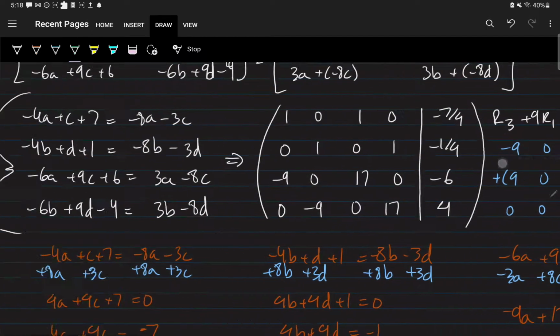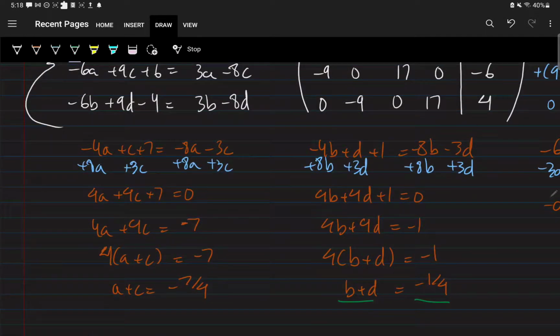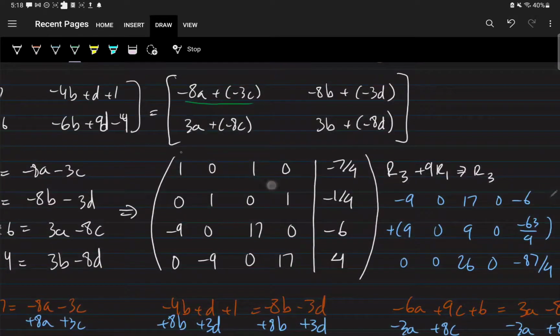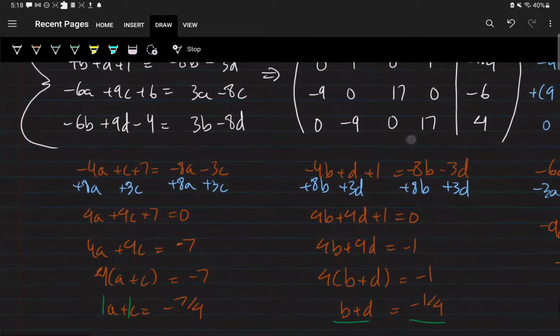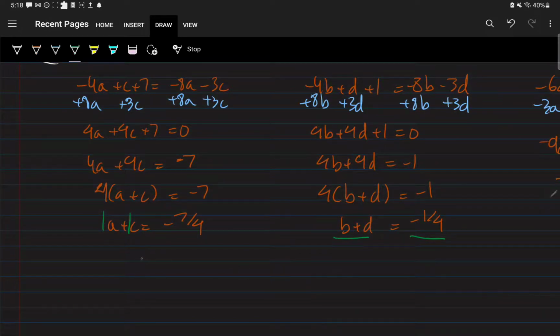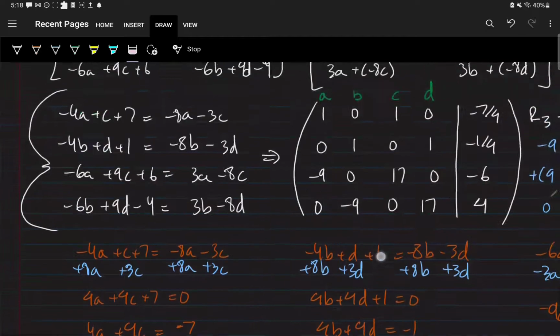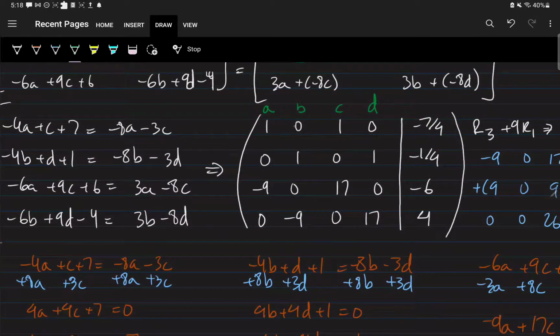Here I showed you that a plus c equals negative 7 divided by 4. This is the same thing as 1a plus 1c. So likewise, if you think about it as a, b, c, d, well, there's no b, so we can say that the absence of b is equal to 0 times b equals 0, because there's no such thing. Likewise, in the b column here, it's 0.